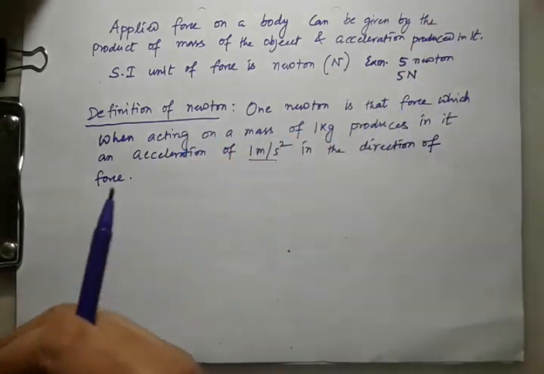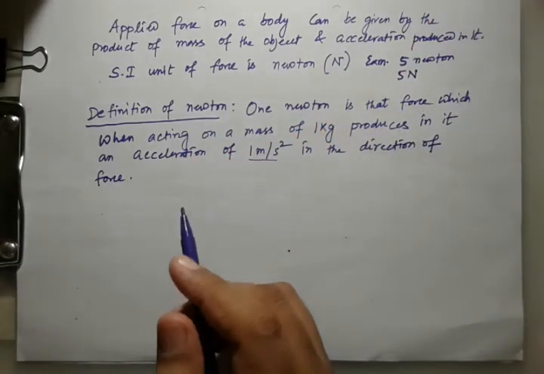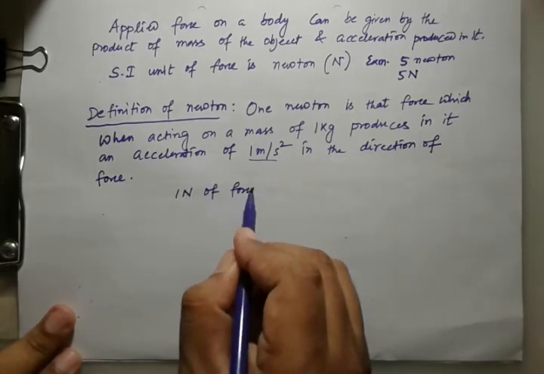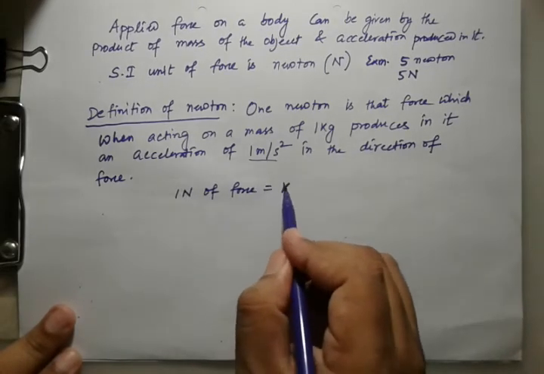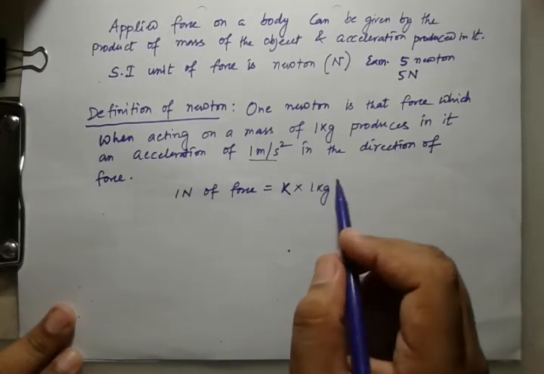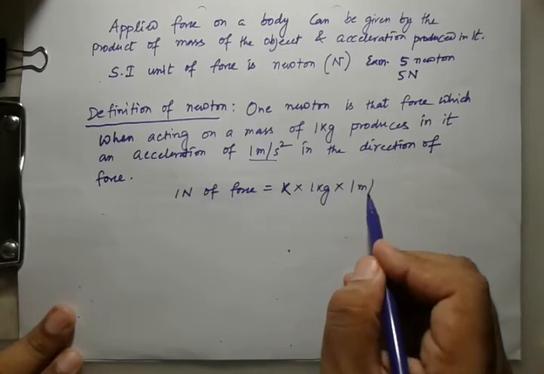Also you can write it in mathematical form. 1 newton of force is equal to k into 1 kg into 1 meter per second square.